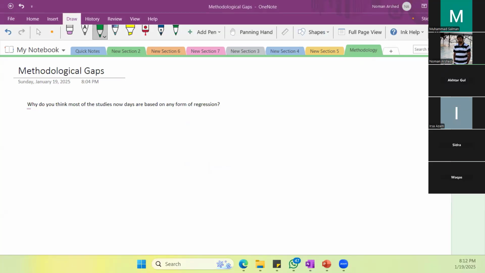The first reason is that our IV is interval, or our DV is interval or ratio data.